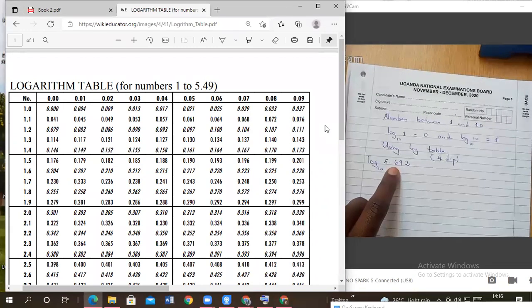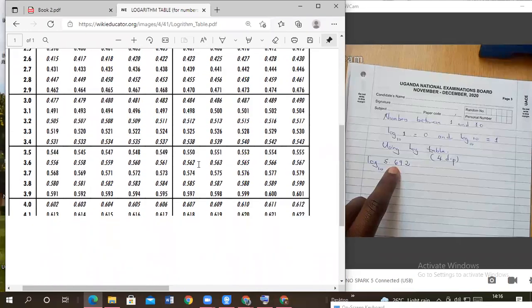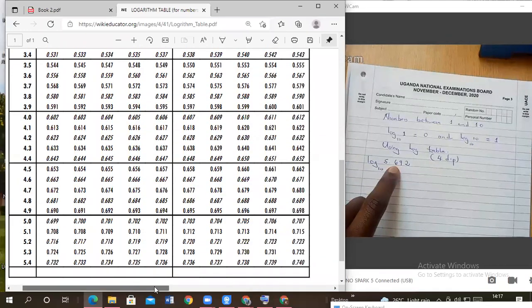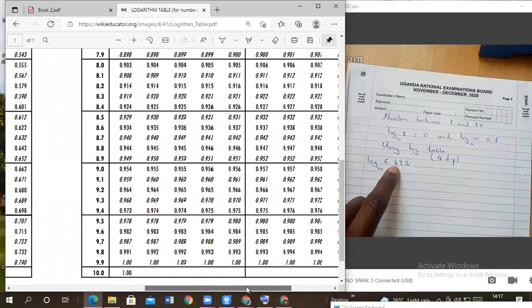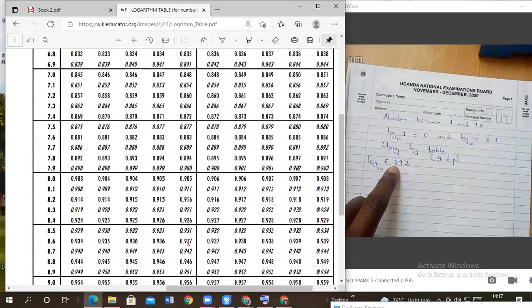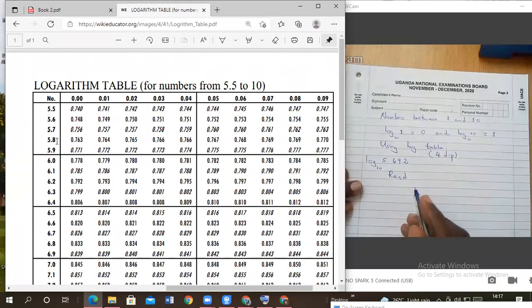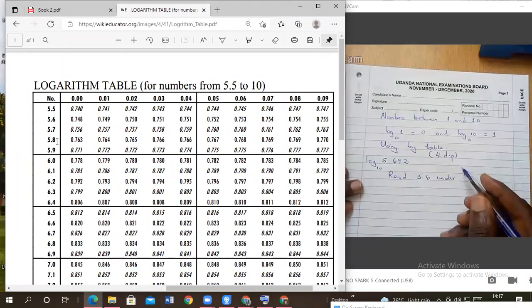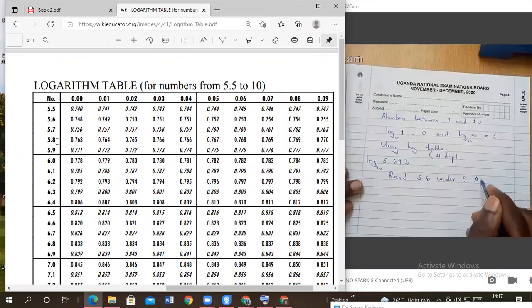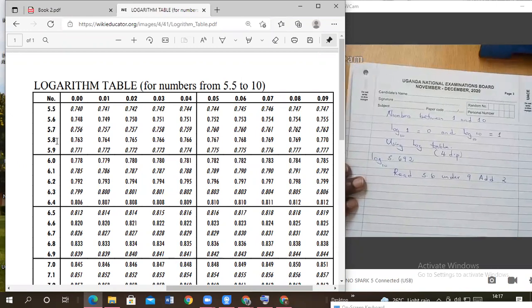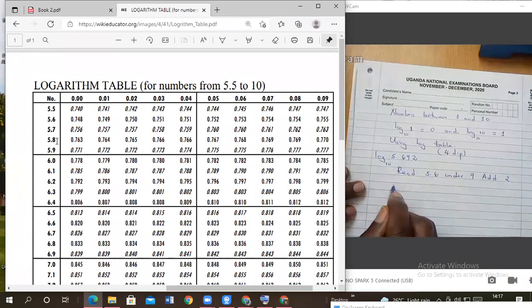Ours is 5.6, which is not in this range, but another one is coming here. So you read 5.6 under 9, then add 2.